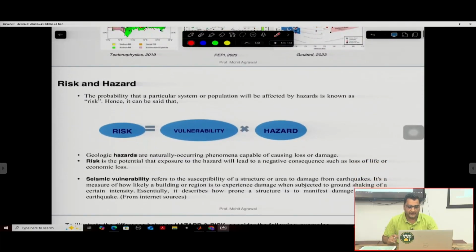Thereafter, we had a discussion about what is risk and how it is different from hazard.